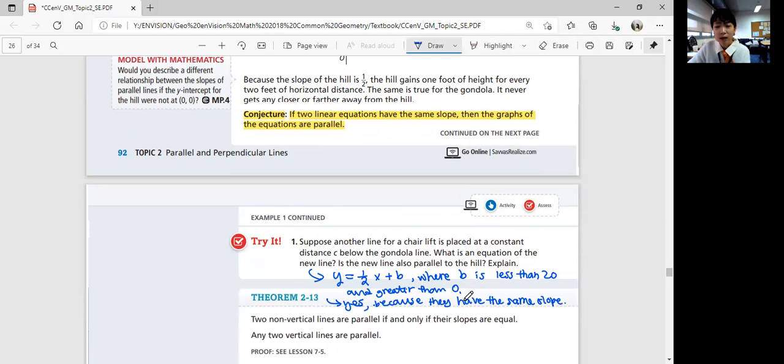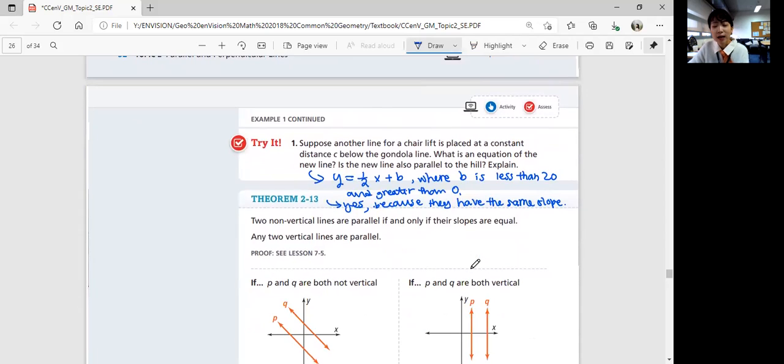Okay. Let's look at theorem 2-13. Two non-vertical lines are parallel if and only if their slopes are equal. Any two vertical lines are parallel. If you see the words if and only if, that means you can go either way.